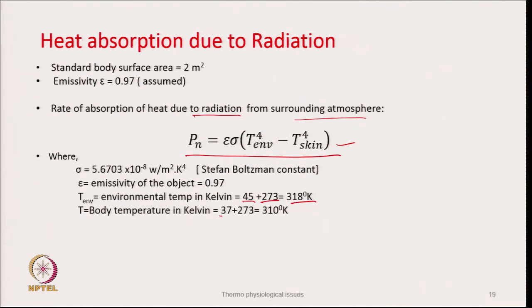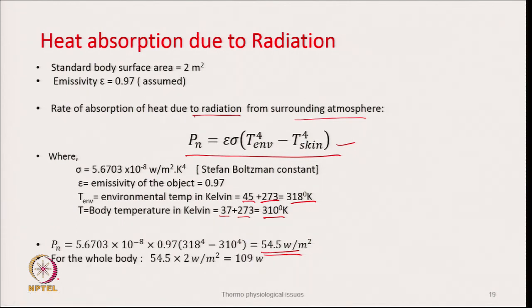Body temperature 37 plus 273 gives 310 Kelvin. Now, if we substitute these values in this formula, we get a figure of 54.5 watt per meter square.